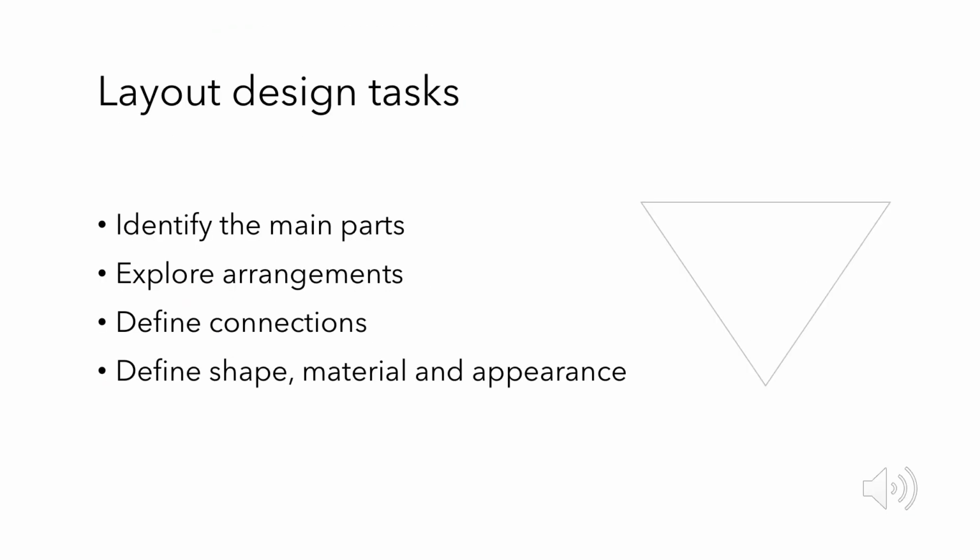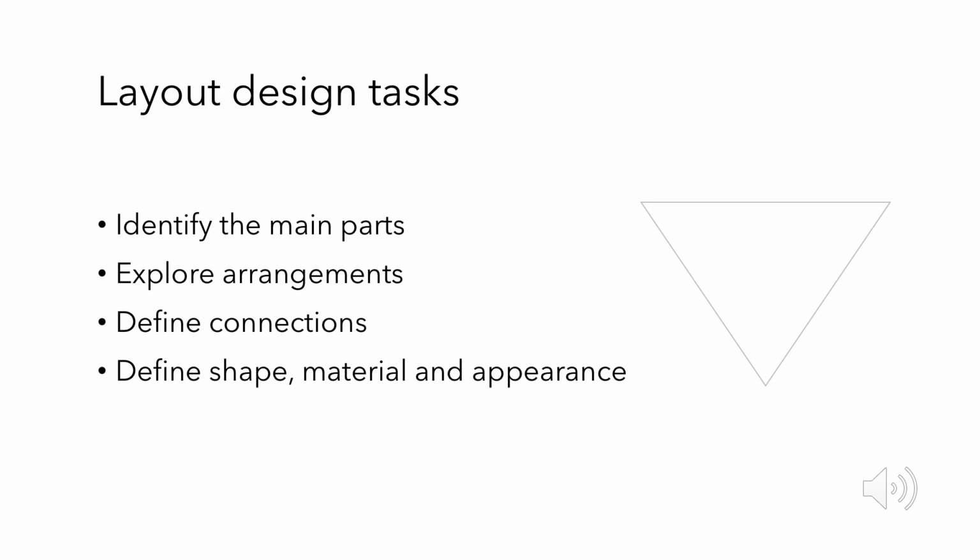So layout design is a process that, a bit like the ideas generation that you've done, goes from divergent to convergent. You start out with identifying the main parts and exploring a multitude of potential arrangements, just like we've just seen in Mark Saunders' drawing.